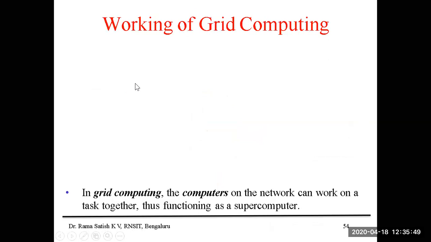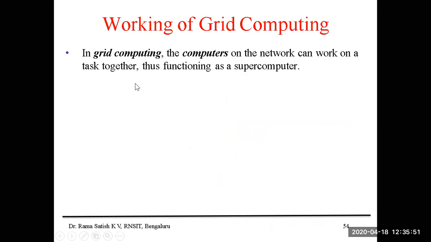Now, how exactly does grid computing work? In grid computing, the computers on the network can work on tasks together, thus functioning like a supercomputer. In fact, the grid computing concept came into existence just to bring down the cost of supercomputers.